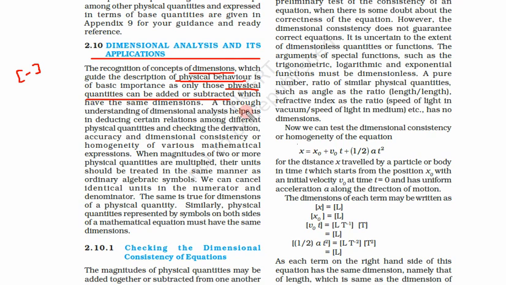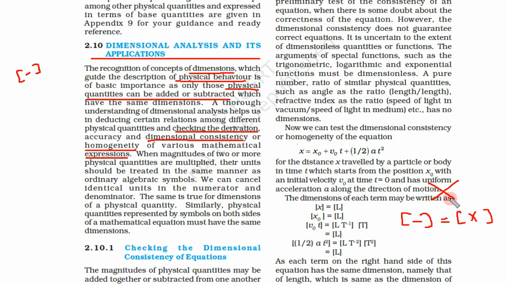Also, this understanding of dimensional analysis will help us check our derivation, whether it is correct or not. We can check dimensional consistency, whether the dimensions are consistent, and the homogeneity of various mathematical expressions. Suppose the left hand side of an equation gives one dimension and the right hand side, which is equal to it, gives another dimension, then our analysis is wrong.